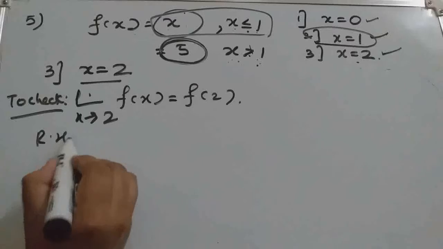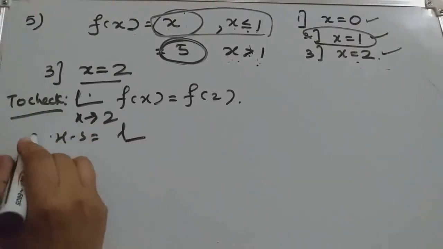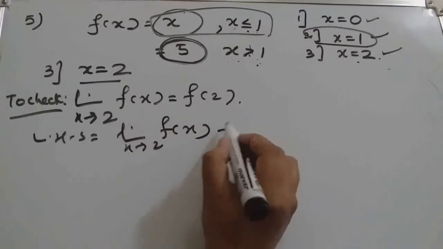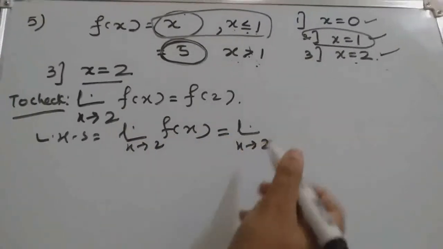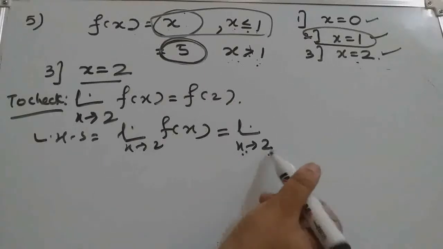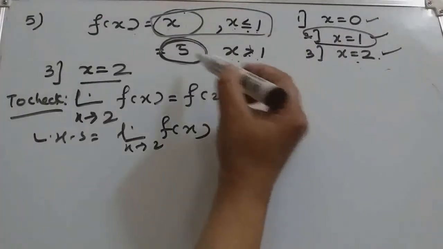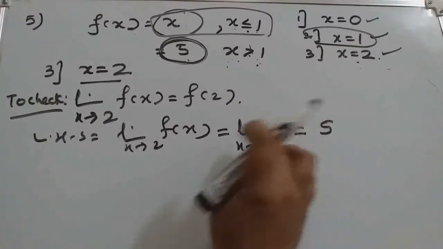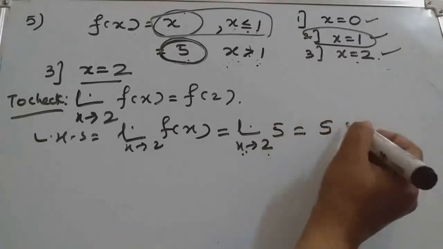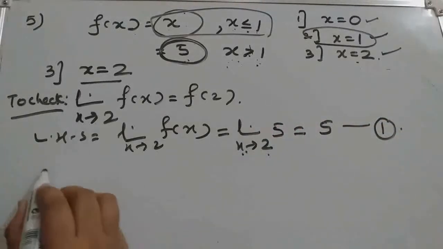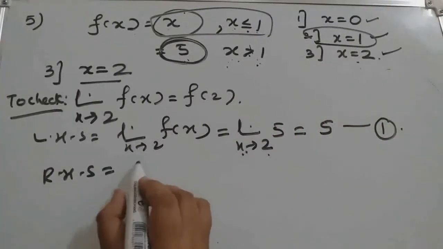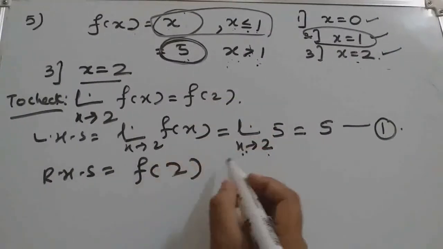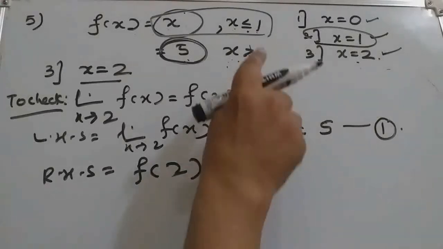The left hand side is limit x tends to 2 f of x, with x approaching 2. So this function only will come. So the answer is 5. This is a constant function, so the limit of a constant function is the same. This we can name as 1. And the right hand side is f of 2. f of 2 means which function will come?